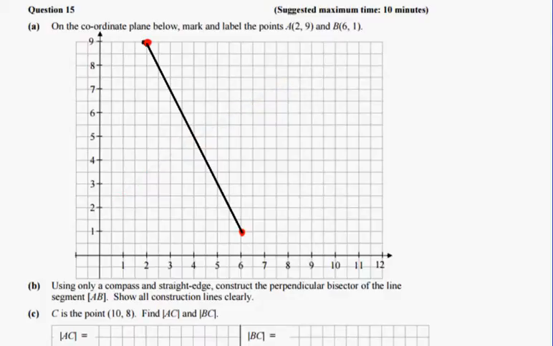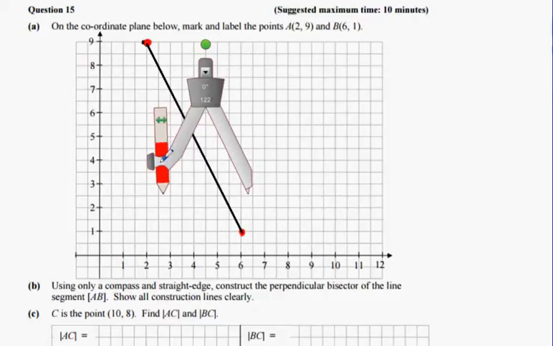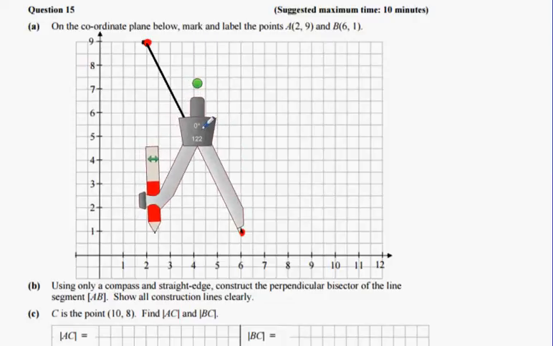So I'm going to get my compass, and if I'm doing a perpendicular bisector, what do I do with my compass? Anybody know how to start this? You put the point on the dot, and how far do I go?